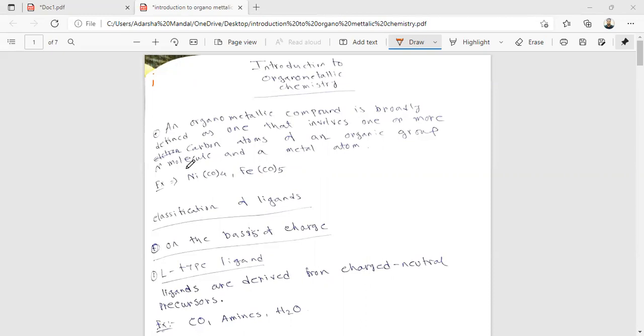There is Ni(CO)4 and another one is Fe(CO)5. So for Fe(CO)5, the metal is iron and the ligand is CO. There is a bond between the carbon atom of this CO molecule and this iron atom. So there is a metal-carbon bond. So this is an example of an organometallic compound.